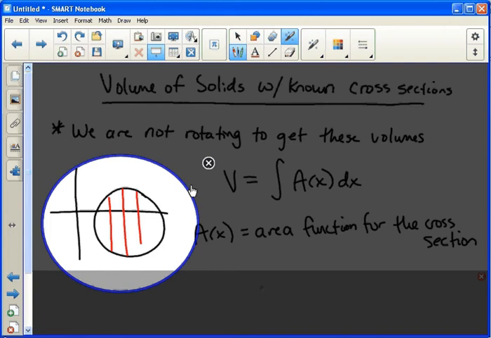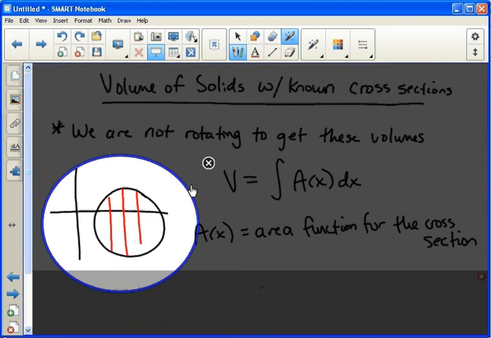Now if you take slices out of the cone, it's going to give you triangles. Or lastly, if you think about like cutting a Nerf ball in half and then putting the cut part on the board, you would have a hemisphere coming out at you. And in that case, if you were to take thin slices of that, it would create a semicircle.